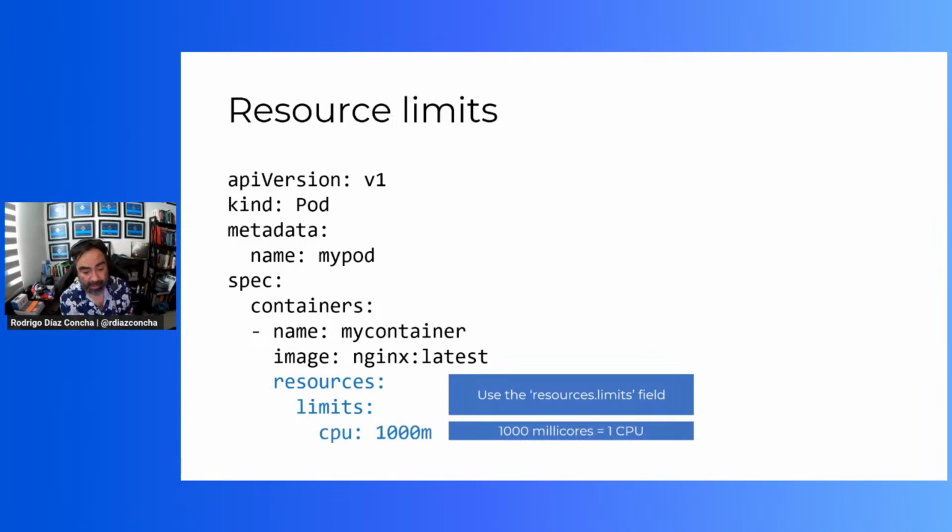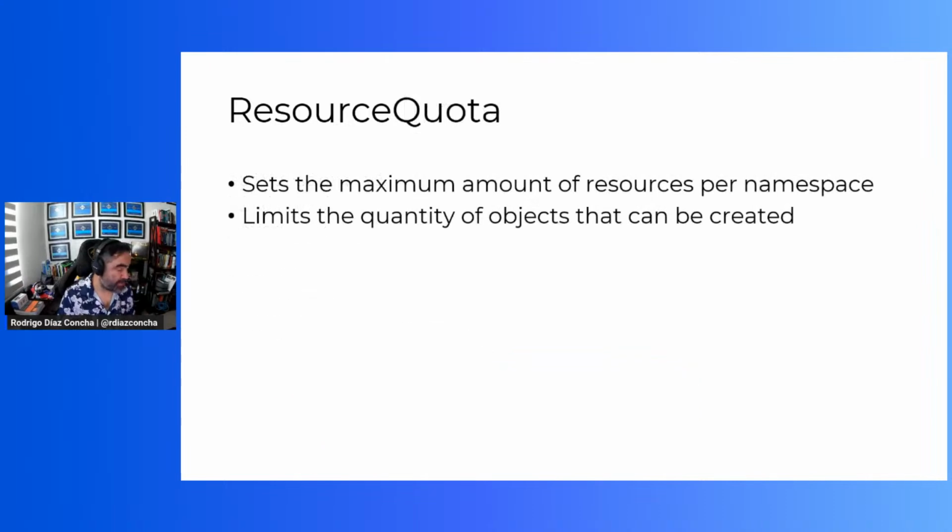For instance, in this code, this is limiting this container to use 1,000 millicores, which is one CPU, right? So, of course, it all depends on your particular requests and requirements. But yes, be sure to add some limits and ask for some resources when you're creating this kind of applications.